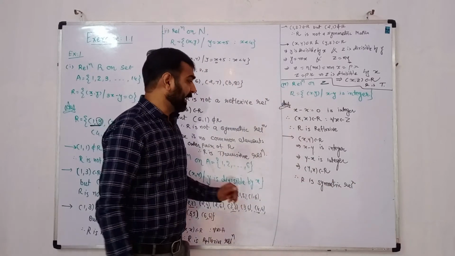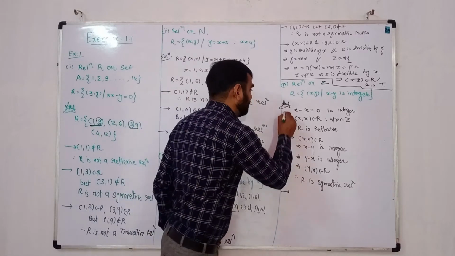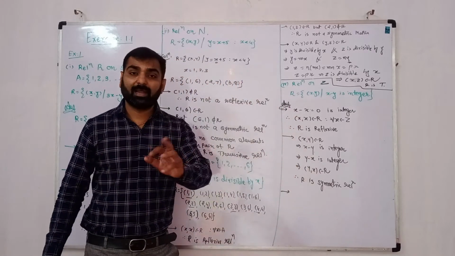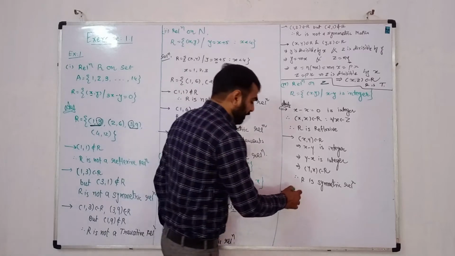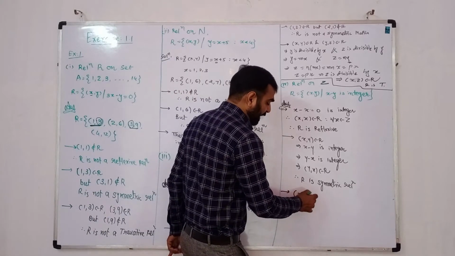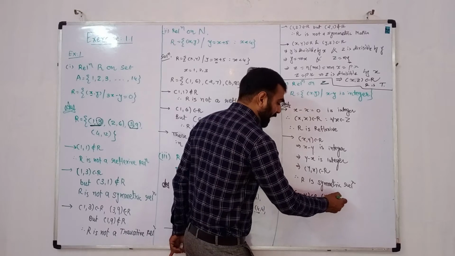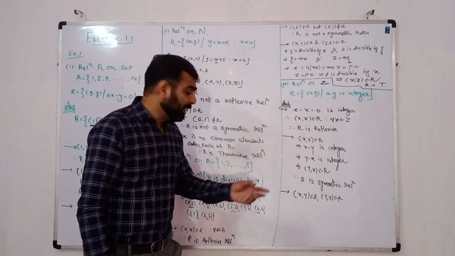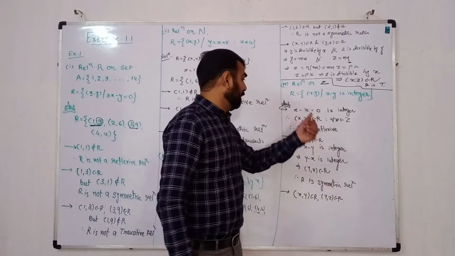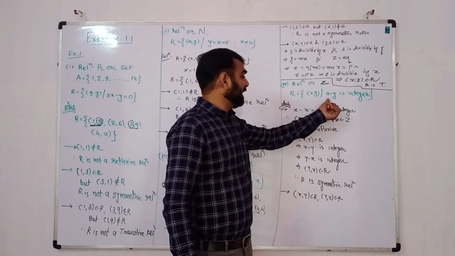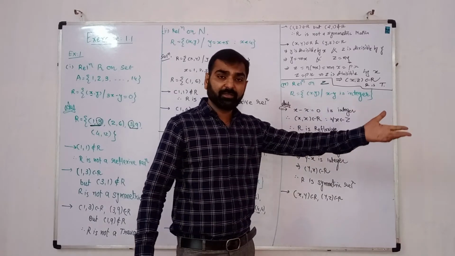Got it? Next, for transitive, there are two conditions we accept: xy belongs to R and yz belongs to R. Now what we have to prove is xz belongs to R, that is, x minus z is an integer.